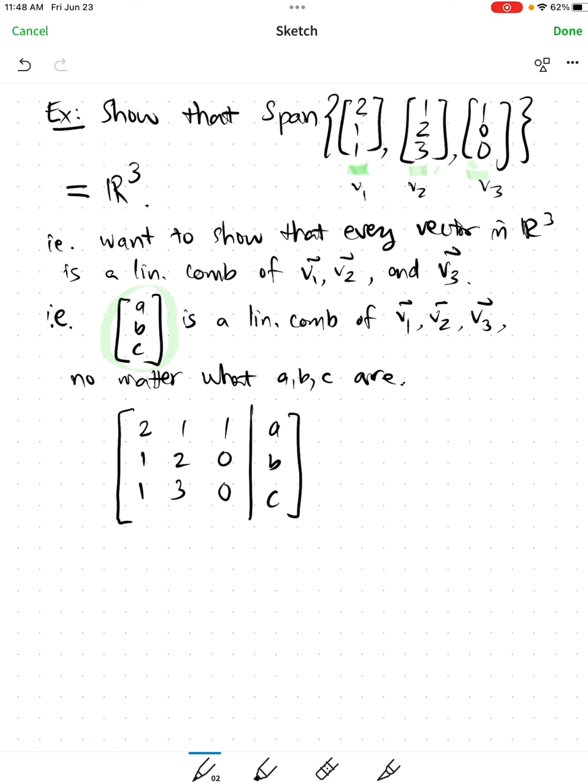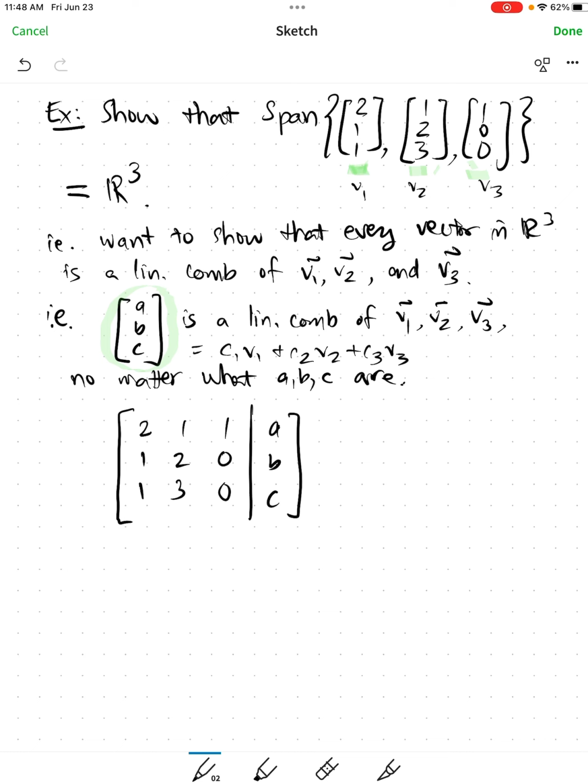And again, what are we solving for? We're not solving for a, b, and c. We're starting with an a, b, and c. We're given an a, b, and c, but what we're trying to solve for is this whole system. We're trying to see, is this equal to c1 v1 plus c2 v2 plus c3 v3?